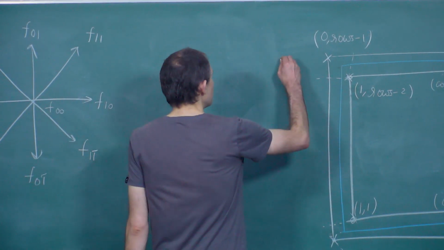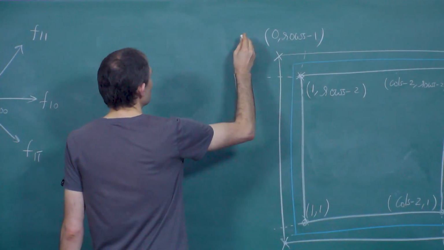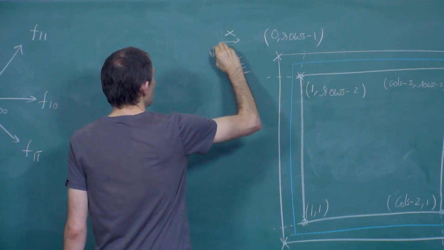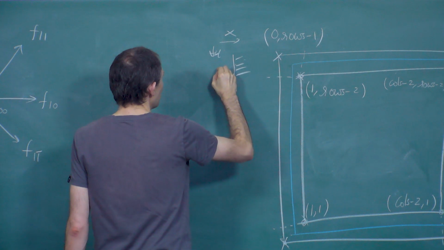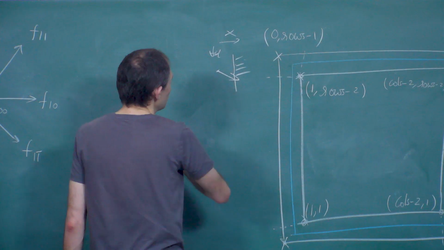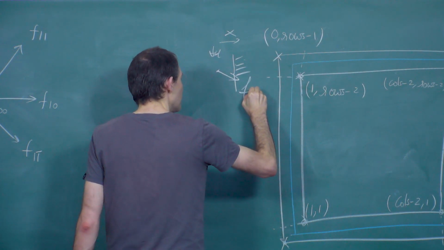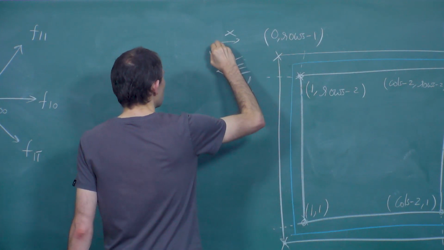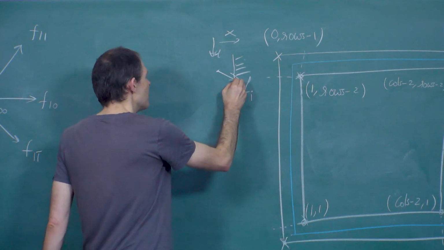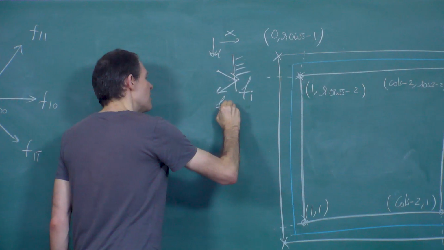In our nomenclature, this here would be space and this here would be time. We would recognize this f_i, so important, this is time, not space. f_i going out and f_-i going in.